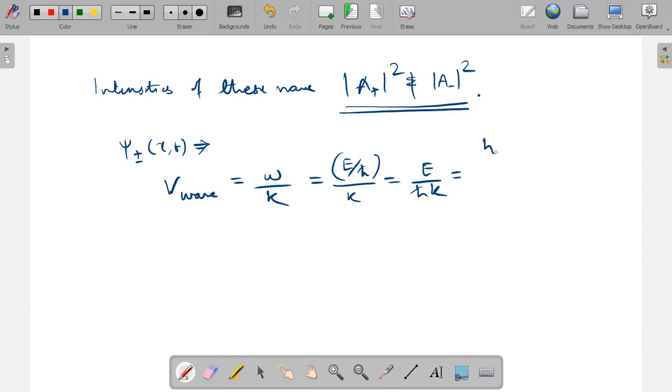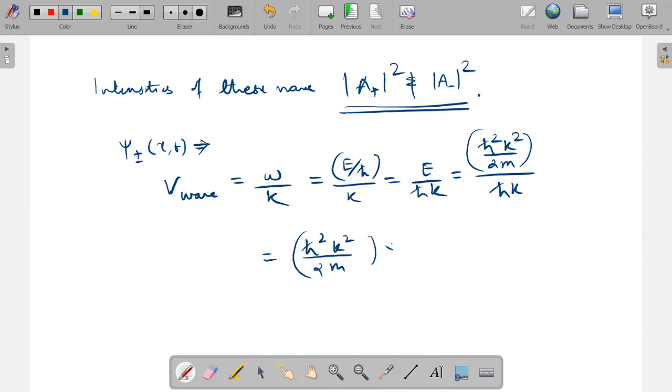E can be written as h cross square k square upon 2m, upon h cross k. This can be written as h cross square k square upon 2m into 1 upon h cross k. When the expression cancels, we get h cross k upon 2m. Okay, this is your equation number 15.